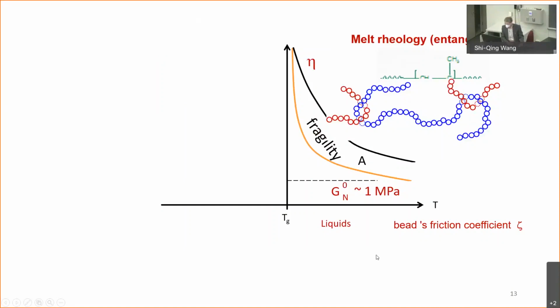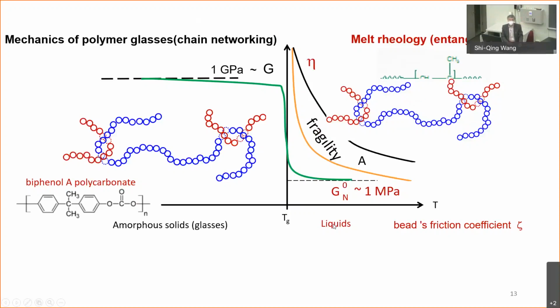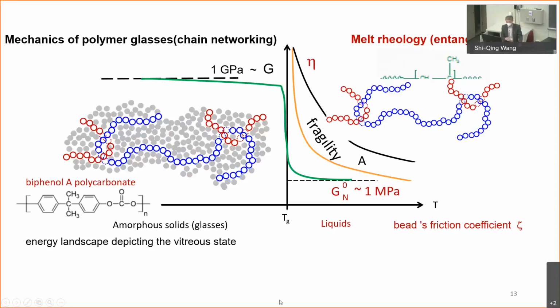So this melt state will have the chain network, and now I start to cool it. I start to cool, my modulus increases from 1 megapascal to 1 gigapascal, and my network, which is in the animation, my network is of course still there. That's the network that's there. But in addition to that network, I have drawn the gray dots to show that everything vitrifies, everything is stuck, right?